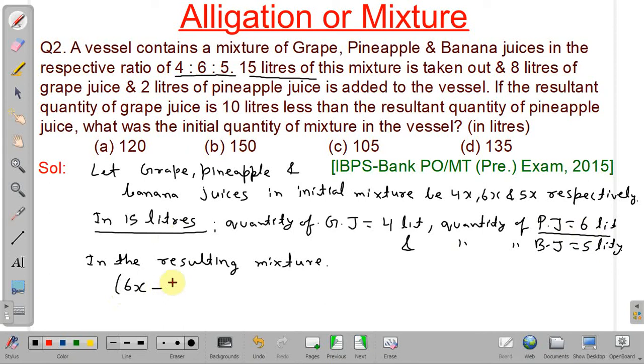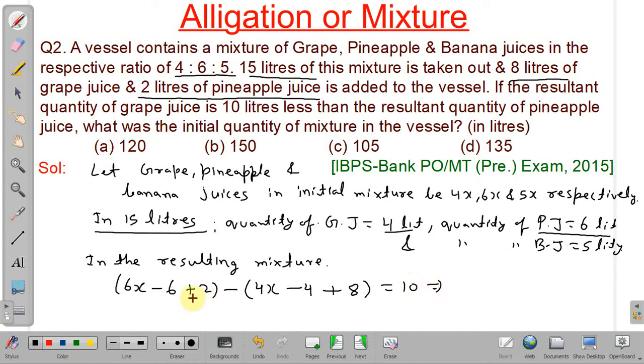So we have to subtract 6 from this, and then 2 liters of pineapple juice is added. So plus 2. And what is the quantity of grape juice? Initially it was 4x, then out of this 4 liters were removed, and the added quantity is 8 liters of grape juice. So plus 8, and the difference is equal to 10.